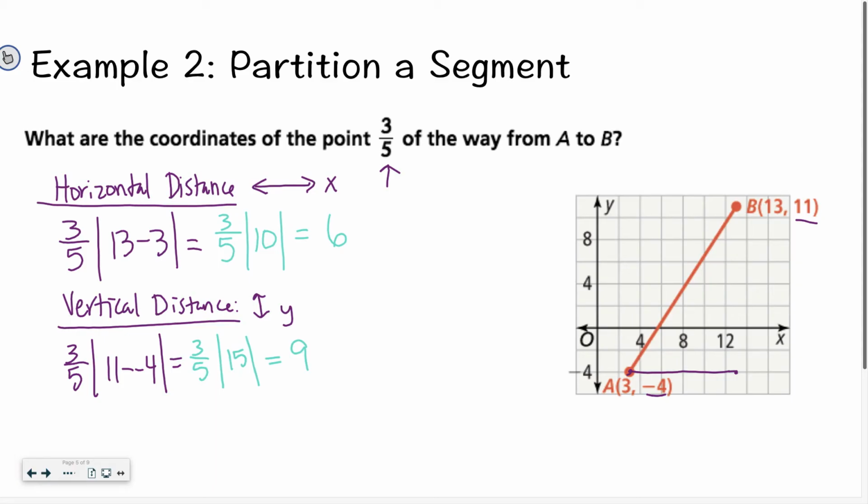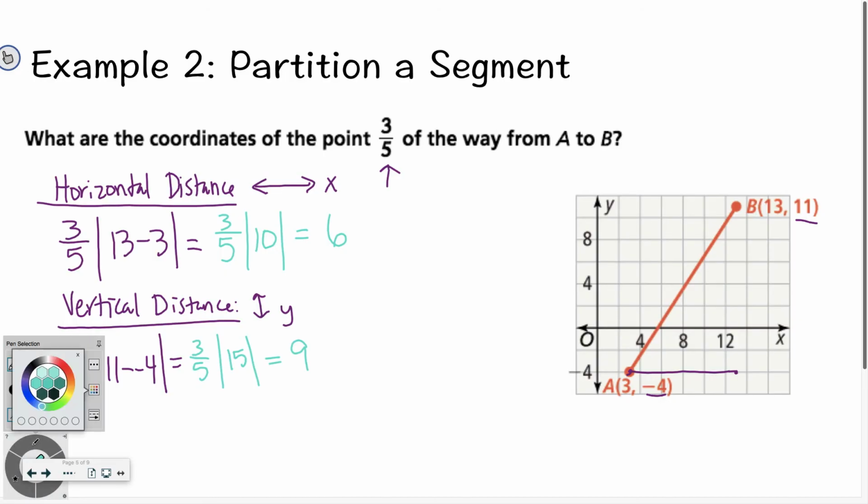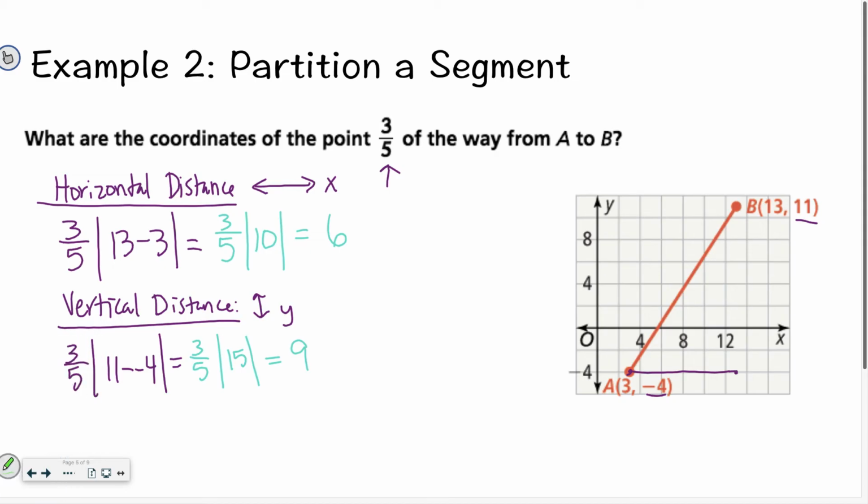Okay, so I've found how far horizontally and how far vertically I have to move in order to be 3/5 of the way between the two. The next step is you need to take that information and add it to the point that you're moving from.